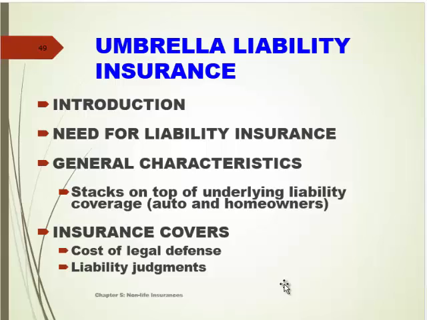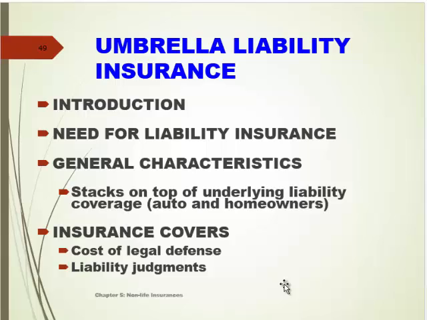The last piece of insurance is something referred to as umbrella liability insurance. So what is the need? The need here actually covers things that really don't come from homeowners. It doesn't come from car insurance. This could be liability insurance. If you do damage to another person, you could have a policy.